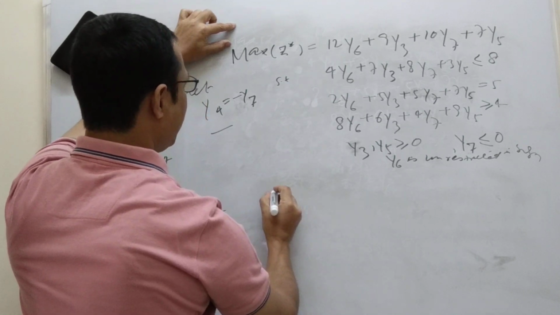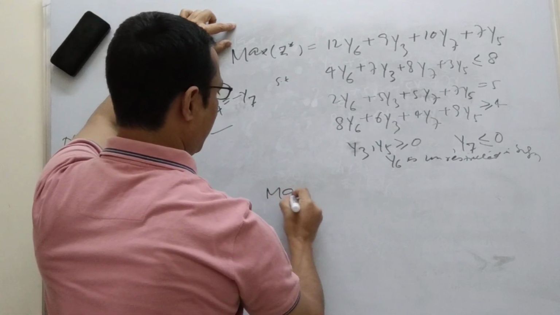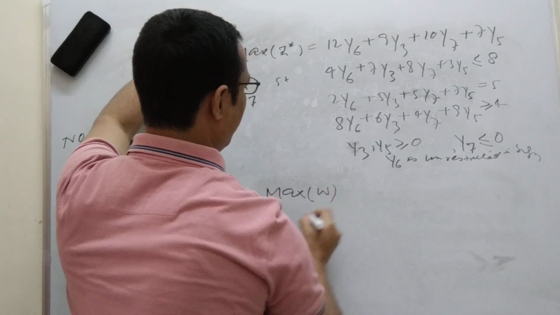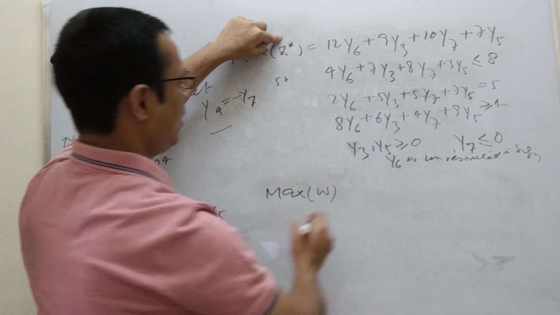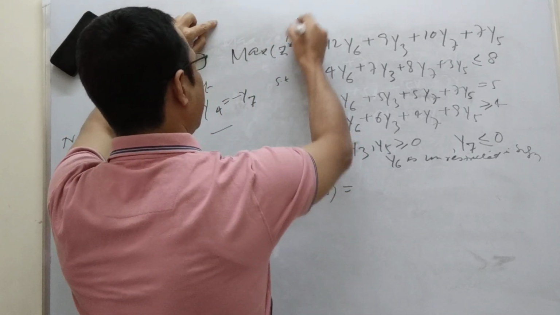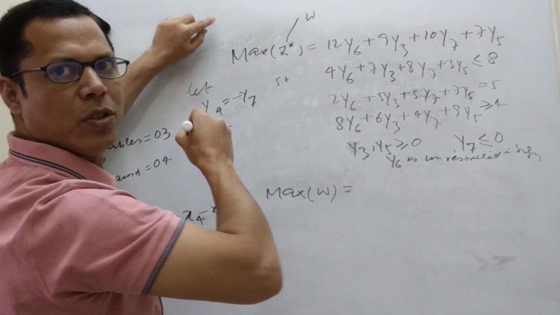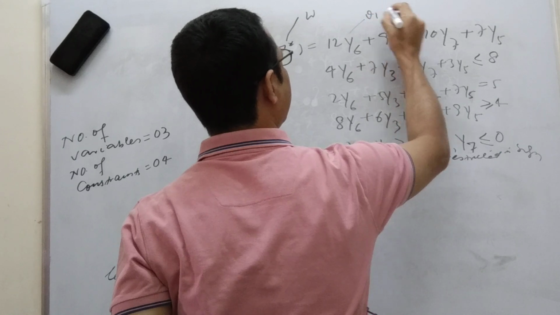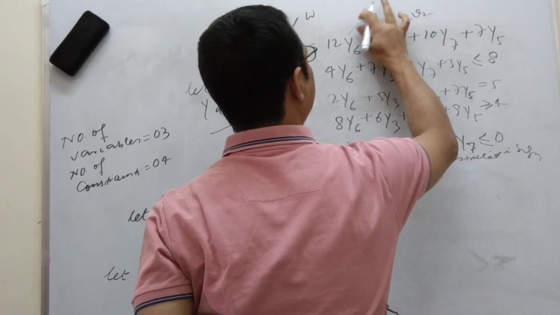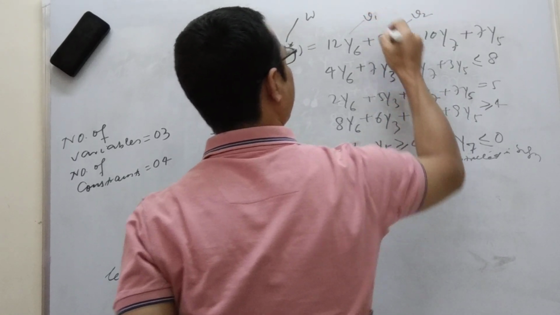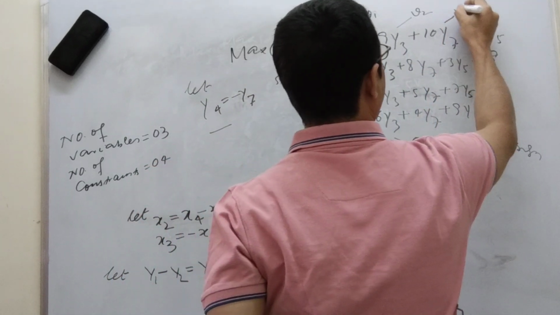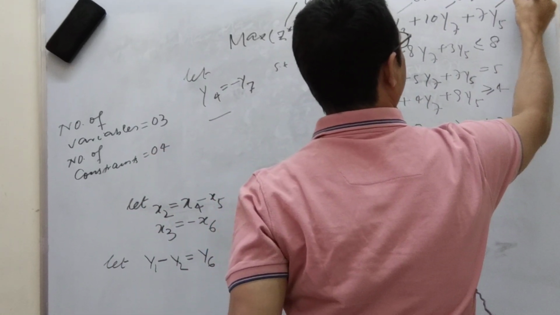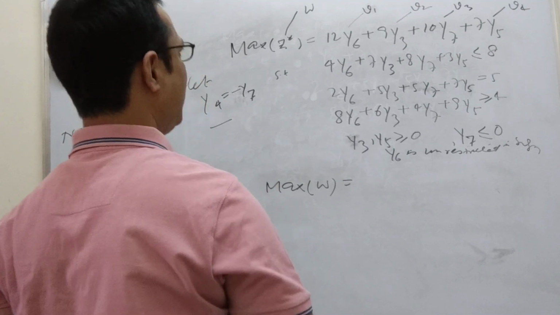So you will find there is some certain order. Suppose max, I am going to replace this w z star with w. Is it clear? Okay, y6 with v1, y3 with v2, y7 with v3, y5 with v4, and we'll see the condition.